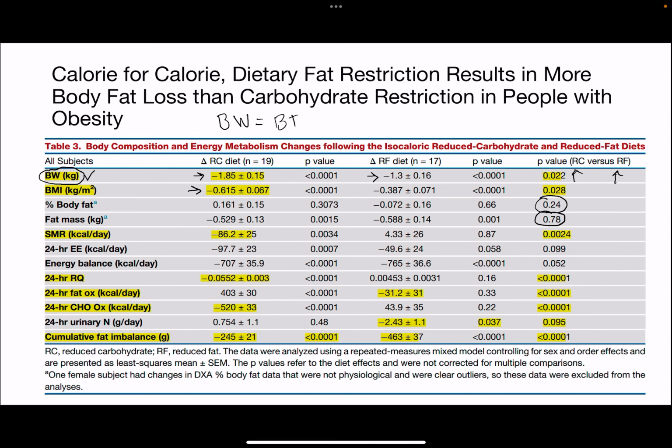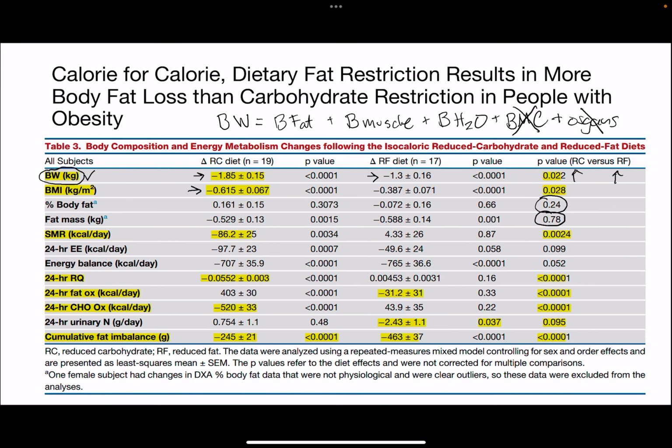body fat, body muscle, body water, bone mineral content, and organs. After two weeks, they probably didn't lose any bone mineral content.